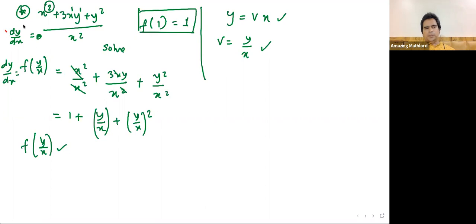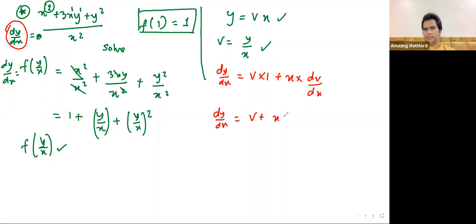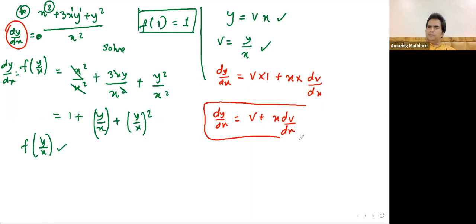Since you're substituting v as a variable, you find an equivalent expression for dy by dx. dy by dx is v times 1 plus x times dv by dx, so it becomes v plus x dv by dx. I would recommend remembering this for homogeneous equations, as it can definitely save some time. So in place of dy by dx, I can substitute v plus x dv by dx.